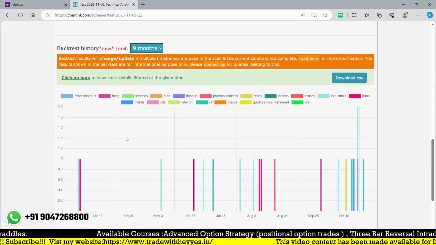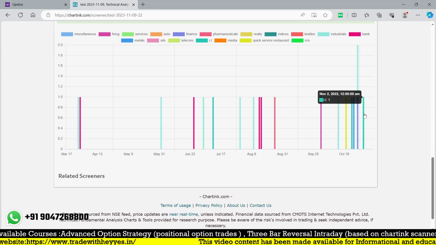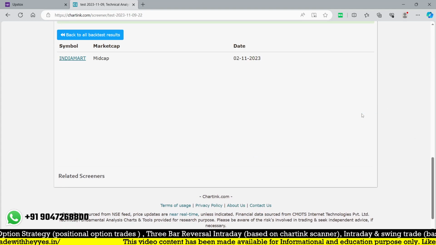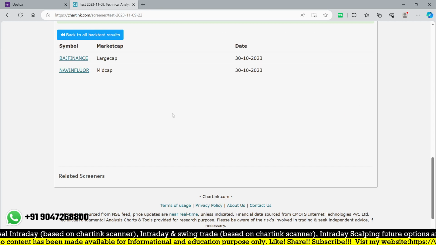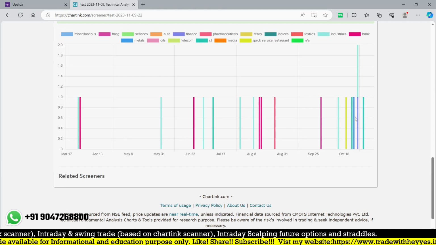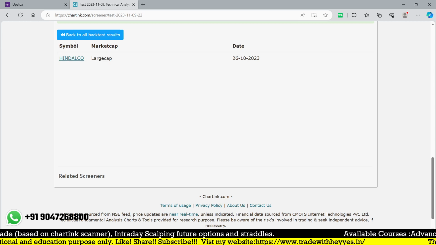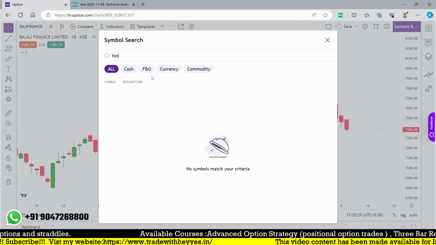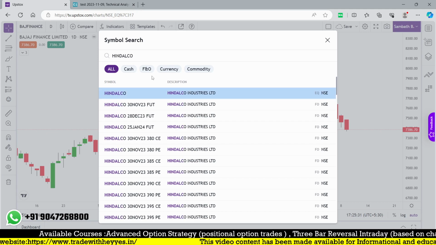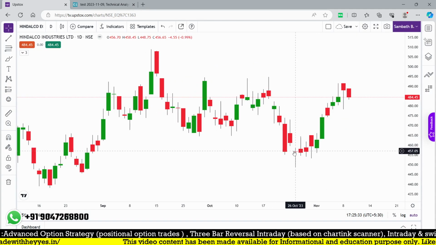You can see a slightly higher number of stocks. Maybe recent ones, Can Fin Homes, India Mart, which we already discussed. This time Bajaj Finance on 30th, which we already studied, and here Indalco on 26/10, which we are not discussing. Indalco 20/16, yeah, that is one more thing.